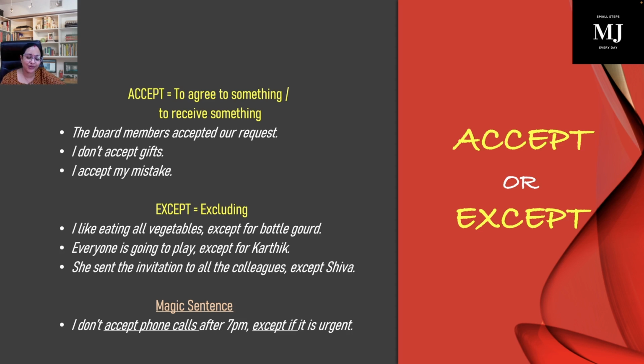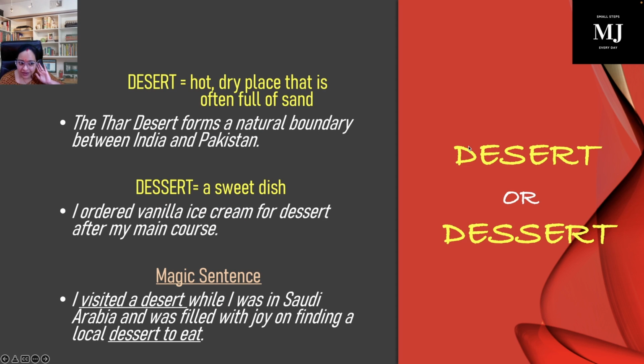Now let's move on to the last one for the day. Desert, dessert. Okay, so let's check the meanings. Desert means a hot, dry place that is full of sand. So the Thar Desert forms a natural boundary between India and Pakistan. This is the Thar Desert that we all know of.